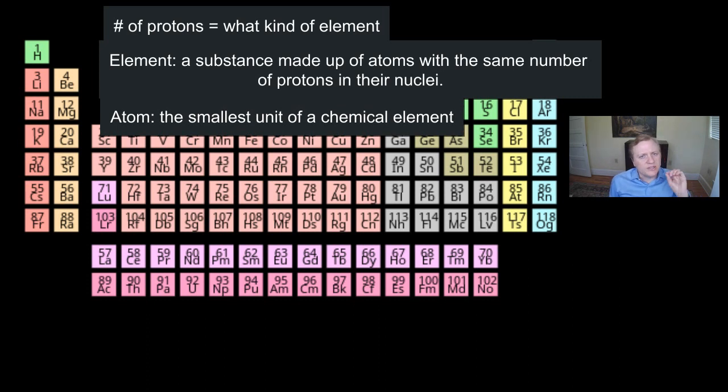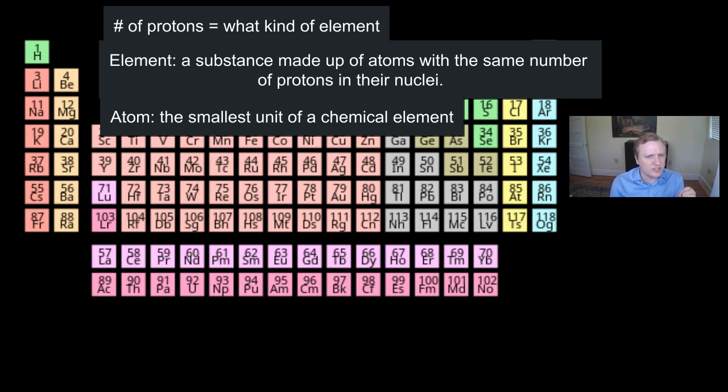An atom is the smallest unit that you can break an element into and have it still be an element. I'll explain this a little bit more. The smallest amount of gold that you can have is 1 atom of gold. You can't have a half atom of gold. Okay, and so that's where atom comes in.